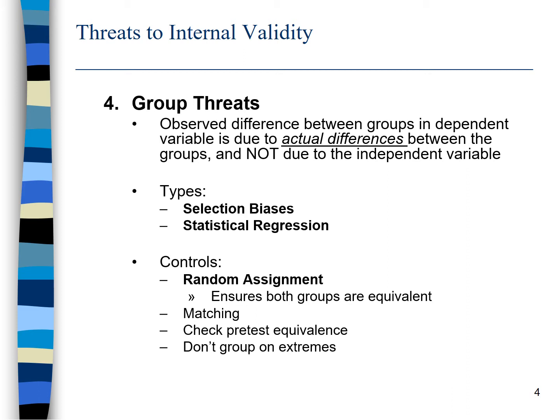So how do we end up with these group threat problems? Well, the first is what we call selection bias. If we purposely decide who gets to be on which team, like the experimental team versus the control team, or if we allow them to choose which group they want to be in, that can lead to biases as far as a selection strategy, because certain people may be more interested in being in the experimental group.